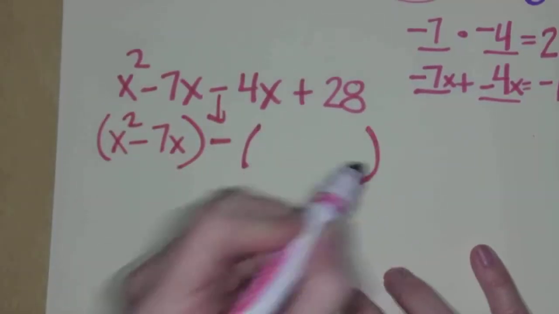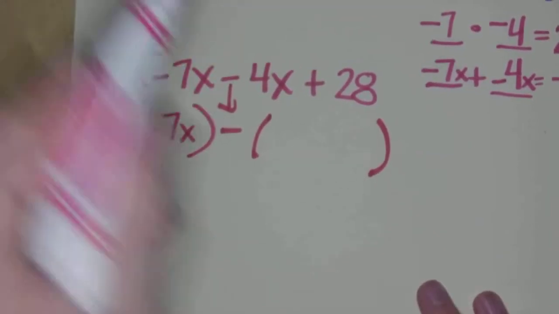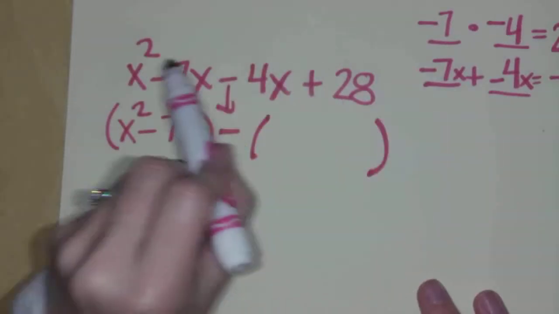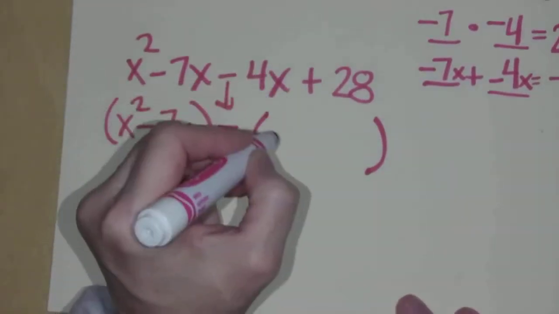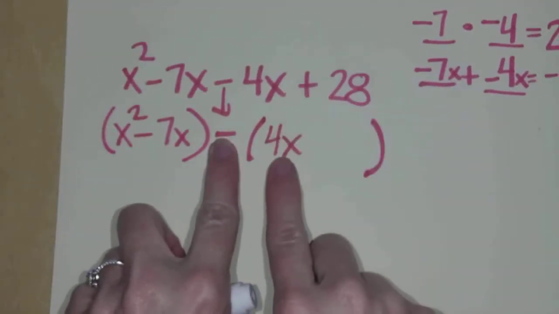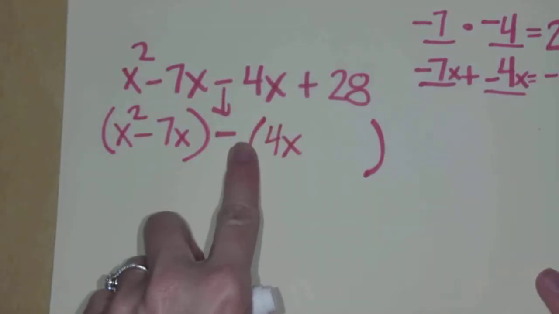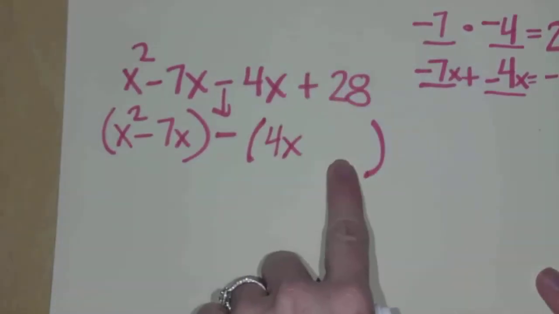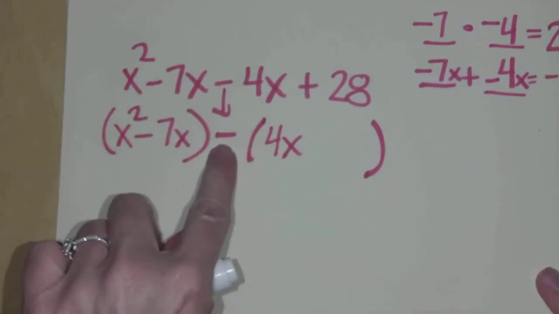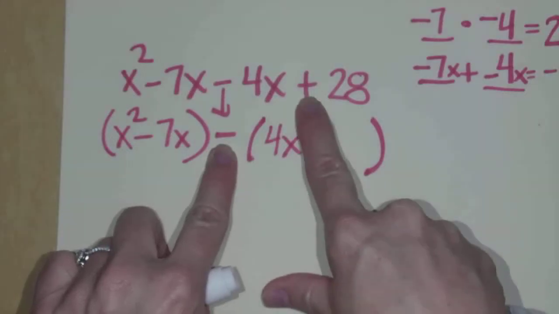Now this gets a little finicky right here. Because this middle sign here is a minus, when we go to write what's in this quantity, to stay true to what we started with, we've got to watch our signs here. The 4x can drop down because a negative times 4x is going to take us back to negative 4x. But with this positive 28, if we put a plus 28 here, when we take the negative times the positive 28, we would be back to a negative.